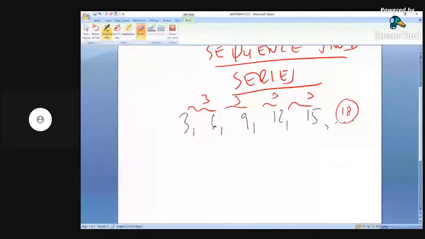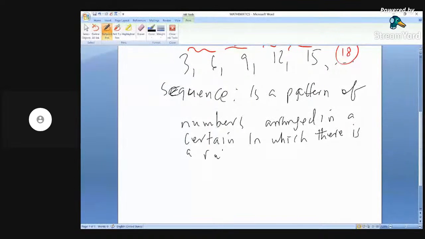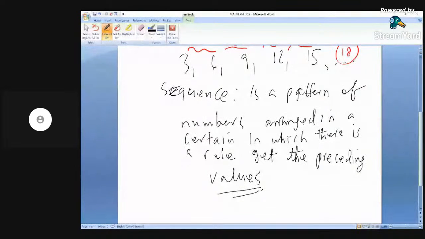So we can say that a sequence is a pattern of numbers arranged in a certain order, in which there is a rule to get the preceding values. So that is the definition of sequence.